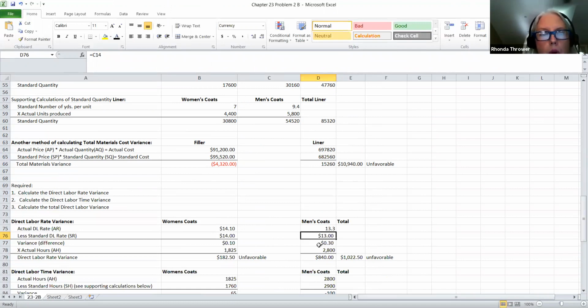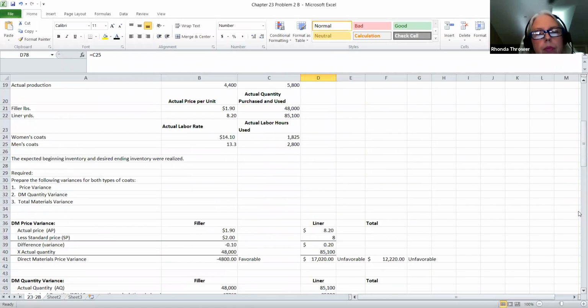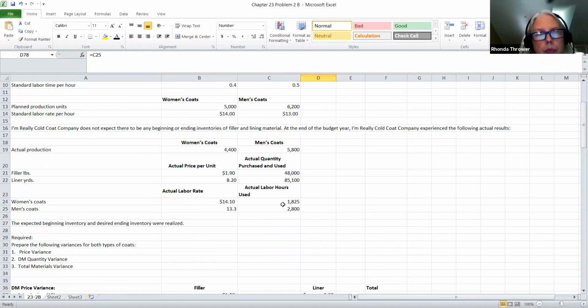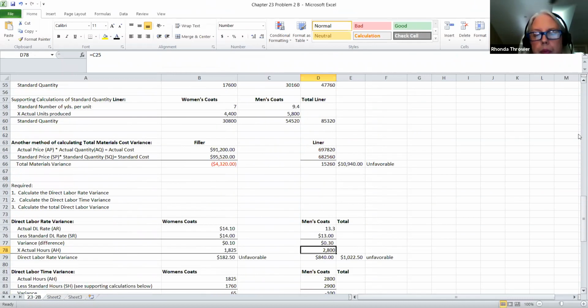And there was 30 cents more per hour than was before. So this 30 cents would be multiplied by the actual hours for the men's coats. The actual hours for the men's coats is right here, is 2,800 hours.